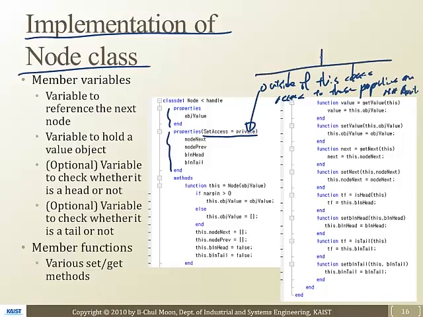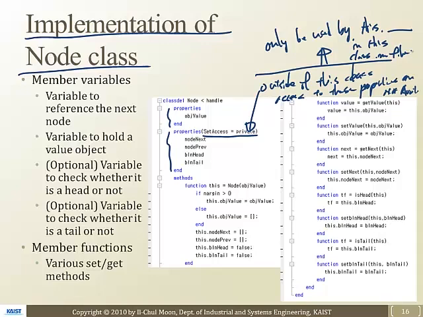So this means they can only be used by this dot something in this class dot m file, right?